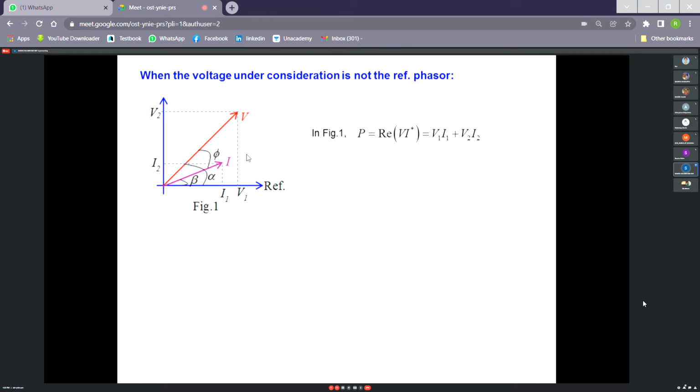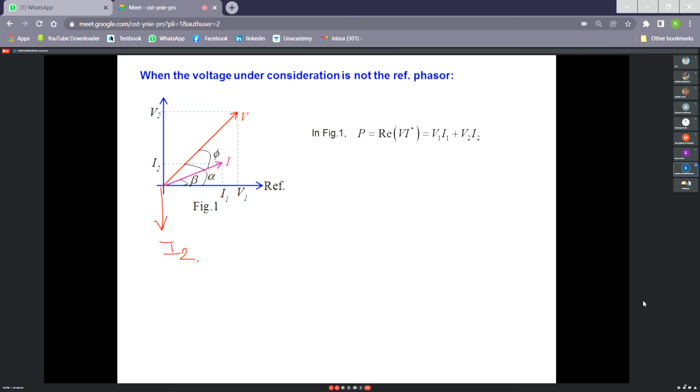Then, in short, active power will be V1 I1 plus V2 I2. There is no issue, because the in-phase component will produce the active power. Now, here all are in the same sense. Voltage and current are in the same direction, so they are load. But if I2 is in this direction, then it will be a generation, because in generation current is outgoing and in load current is incoming.